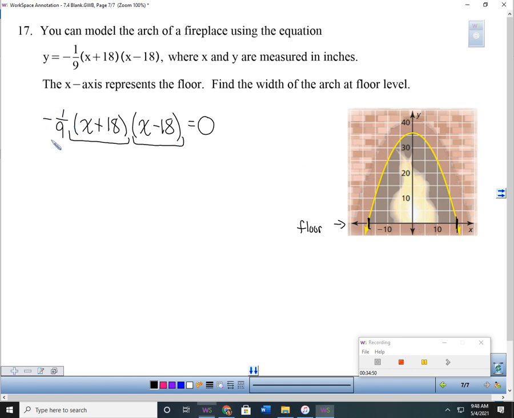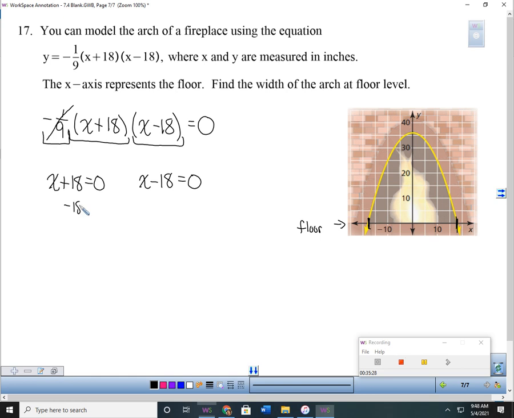So I'm not going to set negative 1/9 equal to 0 because even though that is a factor, it's not a factor that involves a variable, right? So we're going to kind of ignore that. So we're going to take the x plus 18 and set that equal to 0, and the x minus 18 and set that equal to 0.